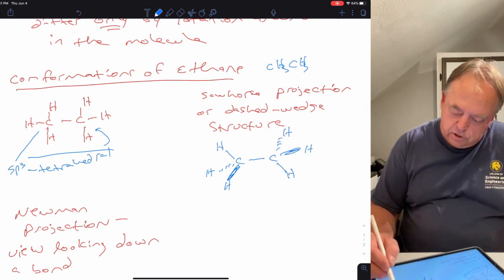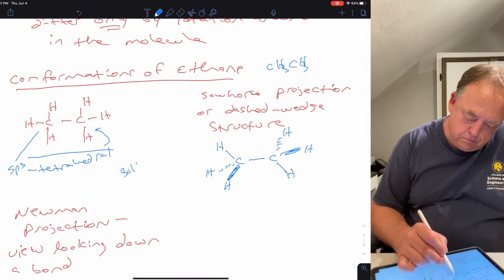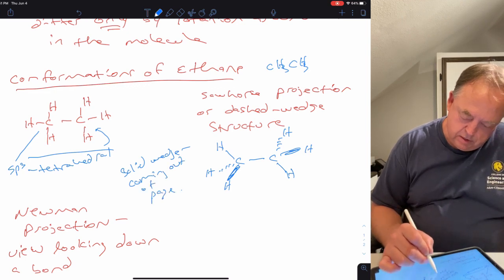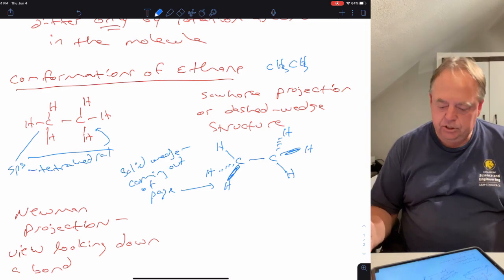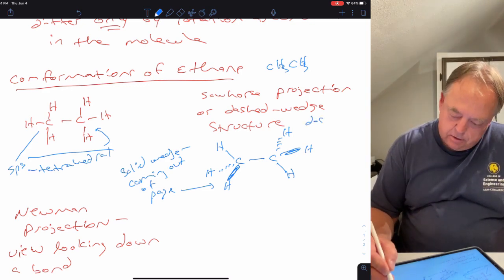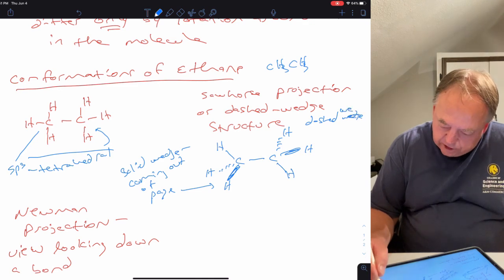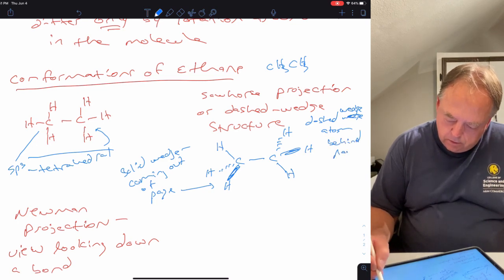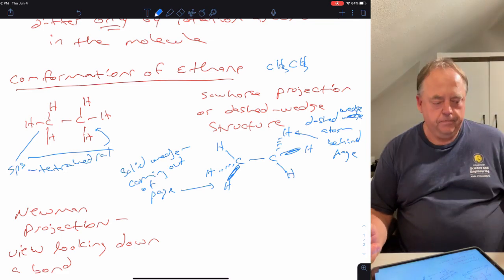If you remember, the solid wedge means that atom is coming out of the page, and the dashed wedge means that the atom is behind the page.